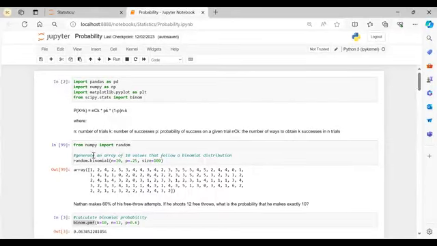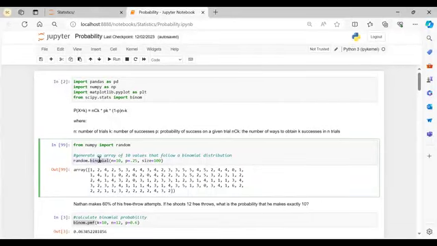But if you want to generate the values from a particular distribution, then you have to specify that distribution. So for example, here in the random, I'm generating samples using this particular distribution, binomial. And again, you have to give the properties and characteristics of that distribution. Yes, it is binomial, but what characteristics is that distribution having? So you say that this binomial distribution has number of trials equal to 10, probability of success 0.25, and the size, the number of values I want to generate, equal to 100, which is the sample.